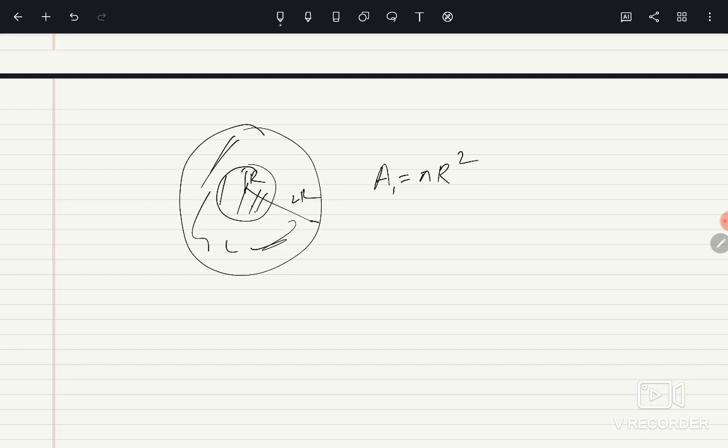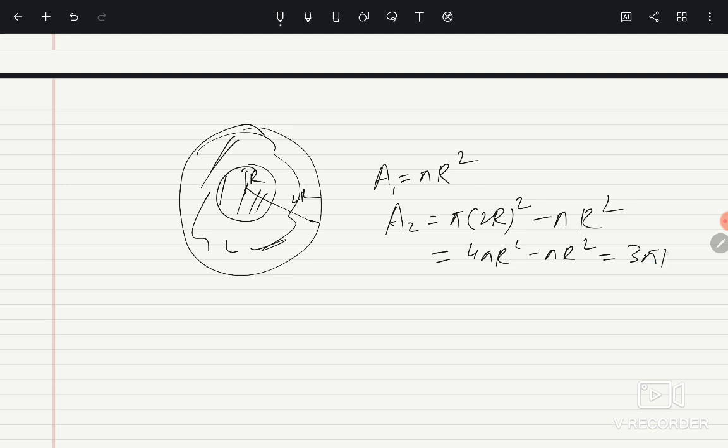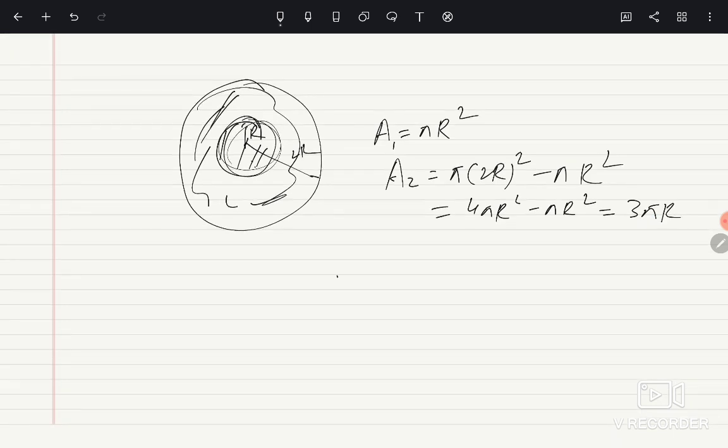The outer area is the outer area minus the inner area. It comes out to be 4 pi R square minus pi R square, equal to 3 pi R square. So the inner area and the outer area both are used by the heat when it is flowing.